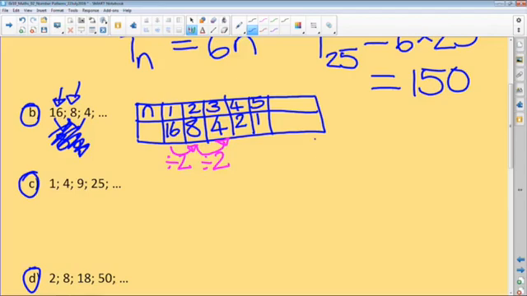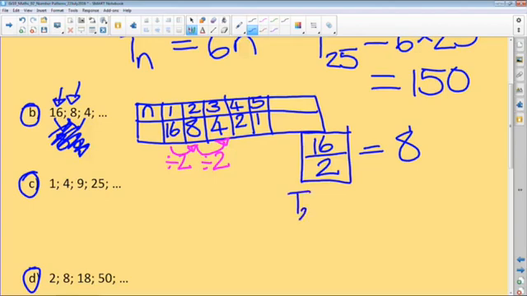We started with 16 and we divided by 2 to get 8. Now that means that term 2 is actually equal to 16 divided by 2.